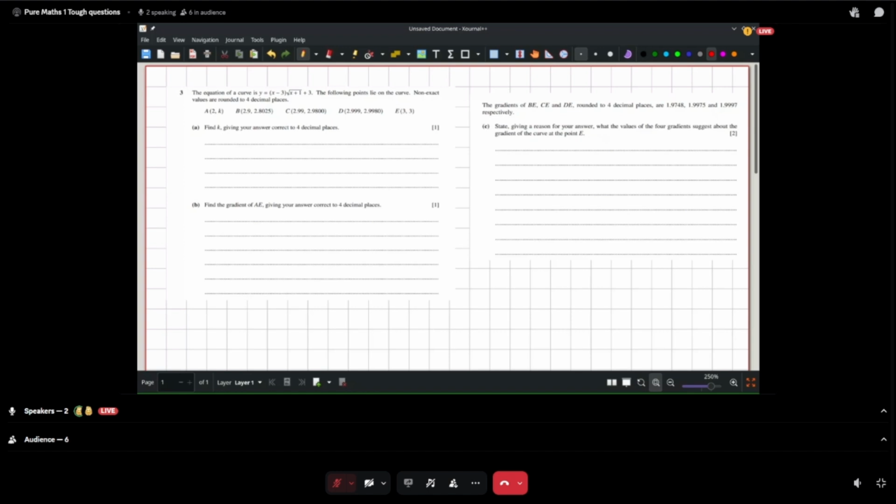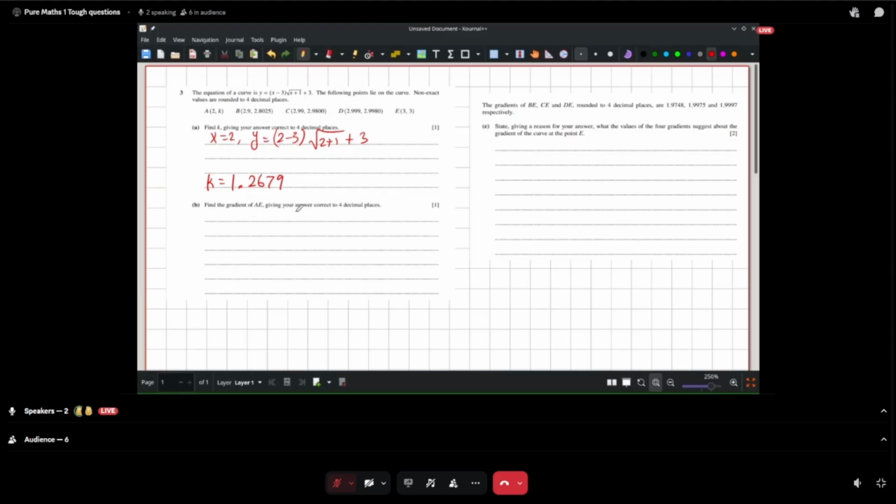Okay. So this is when x equals 2. So y is just 2 minus 3 times square root of 2 plus 1 plus 3. So k is 2 minus 3 times square root of 2 plus 1 plus 3, which is 1.2679.